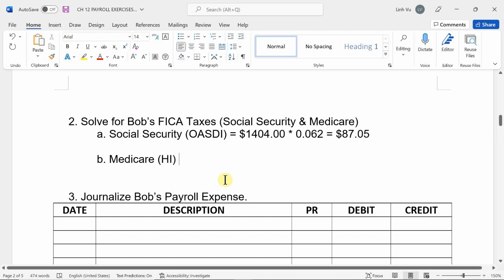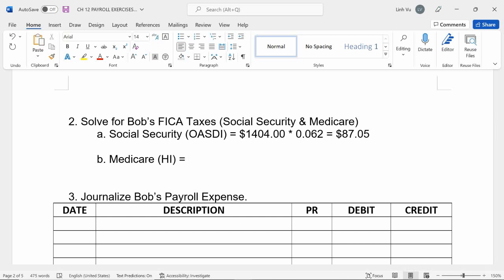What about Medicare? How much is Medicare? 1.45%. So how much Medicare is Bob subject to pay? We round it to $20.36. Perfect.